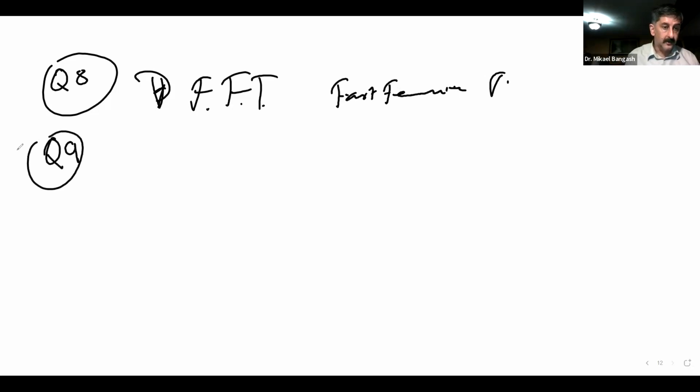Question 9. That's something we mentioned, and it's in the text. But what it means is, where is the normal Doppler shift?